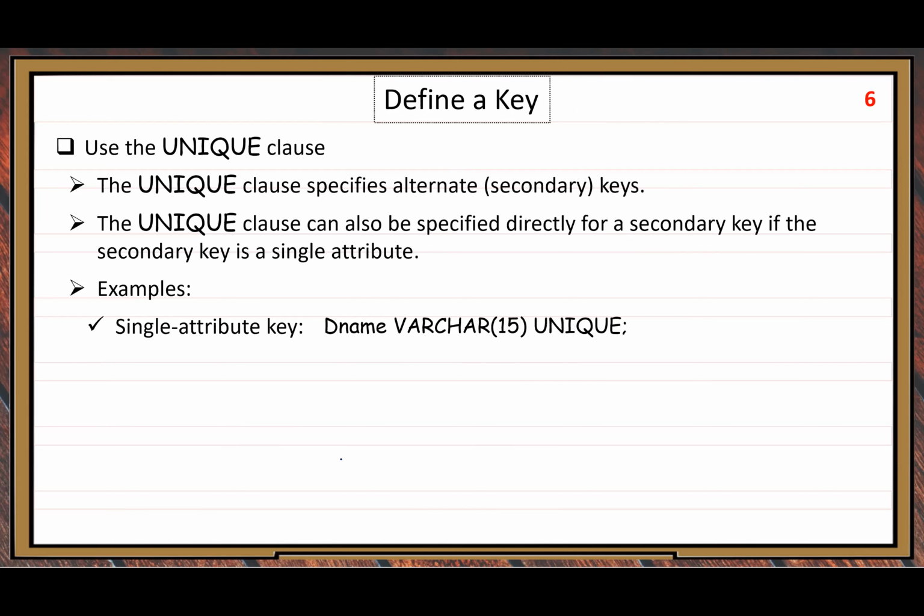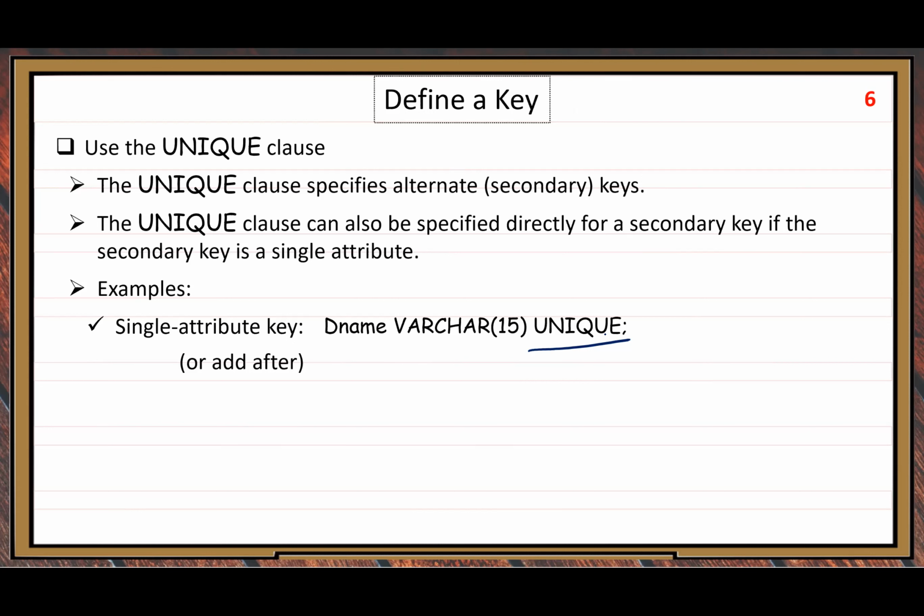Otherwise, if you do not have this unique constraint, the DBMS will allow it. That means you will have a second department with the same name, another department that repeats the name of some previous department. You don't like to have that, right? So you can see this constraint is useful.